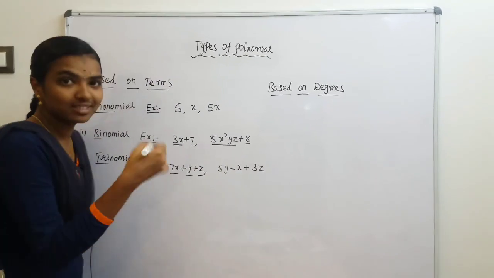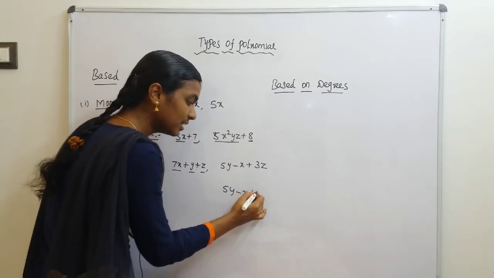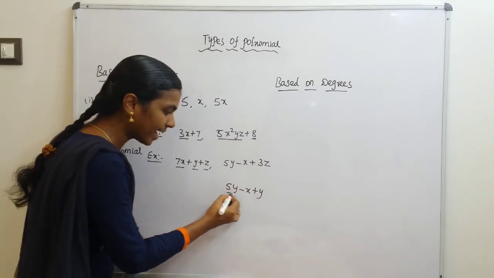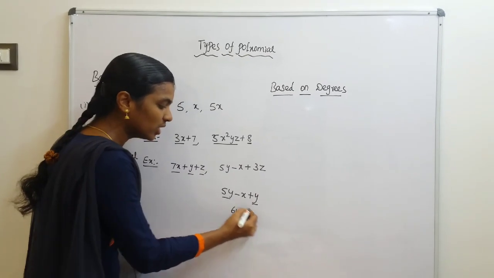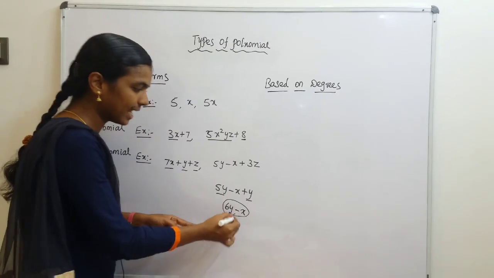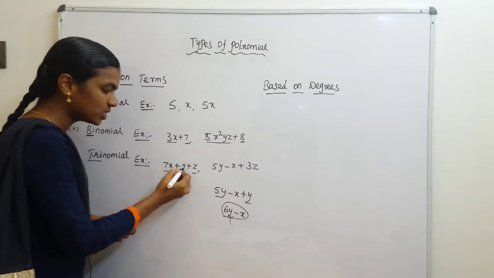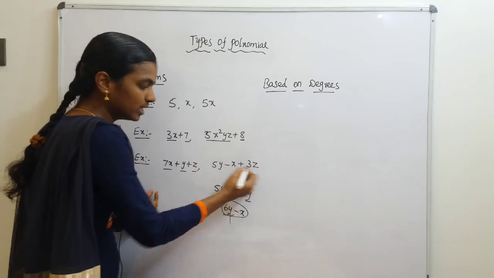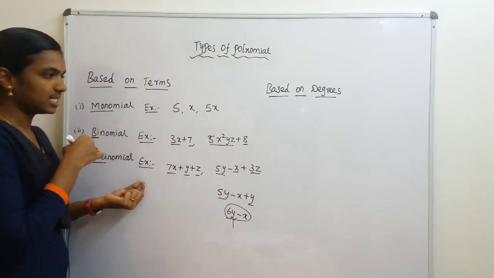If you take 5y minus x plus y, it is not 3 terms. Why? Because 5y plus y is 6y, minus x. If you simplify this, we get only 2 terms, so it is not a trinomial. We have to take different variables. So in 5y minus x plus 3z, 5y is one term, x is another term, and 3z is another. So 3 terms is called a trinomial.